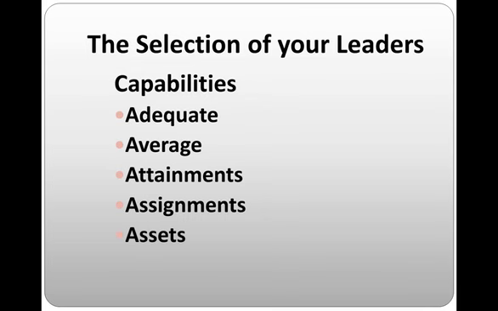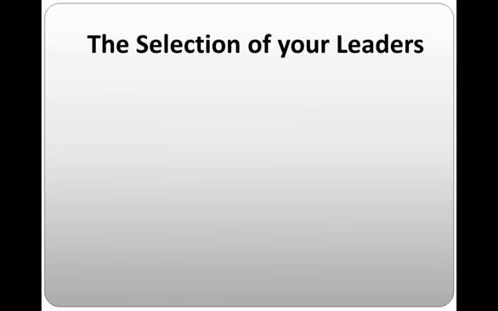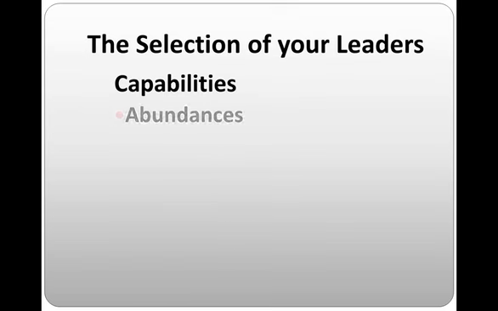What about assets they bring to the table? Are they full of liabilities, or do they have assets and they're stronger? Grade them. Are they going to be an asset or a liability to our ministry, or to those they are serving, or to our outreach in the community? And so you look at their capabilities. What about their abundances?